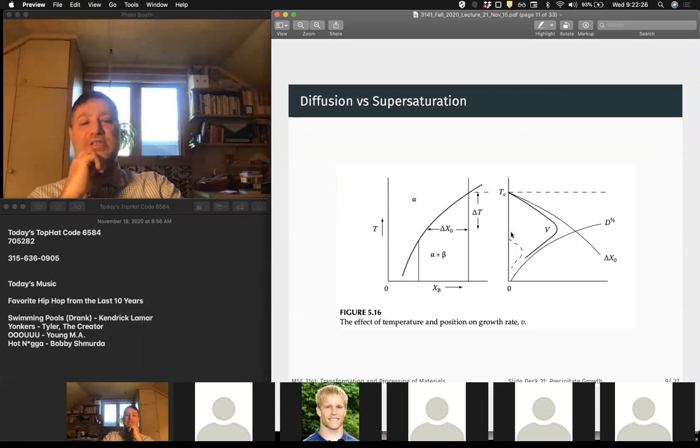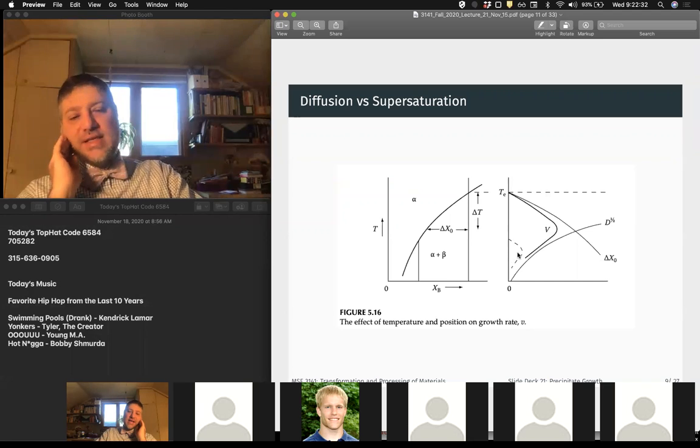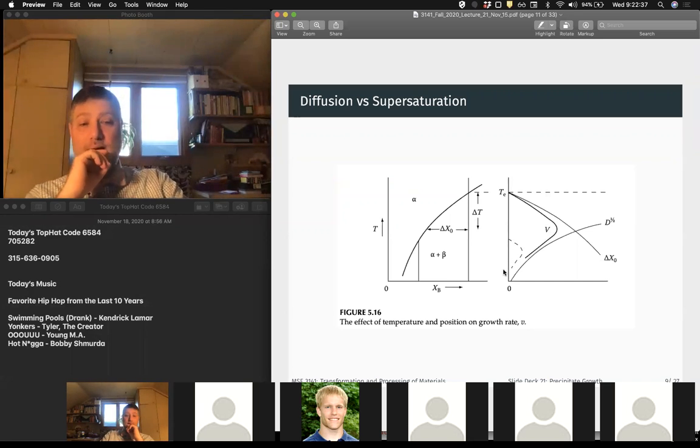And so there's going to be some optimal undercooling for growth. And that optimal undercooling tends to happen at a higher temperature than that for nucleation.